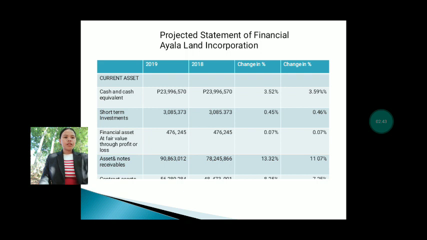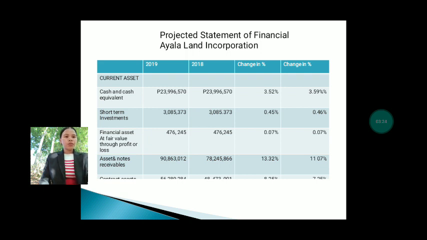To interpret the percentages of 2019 and 2018, the amount is the same, but the percentage has a difference. In 2018 it is 3.59%, and in 2019 it is 3.52%.